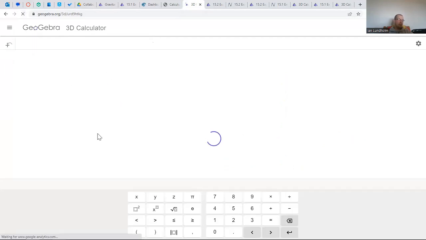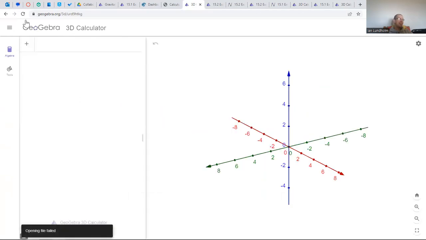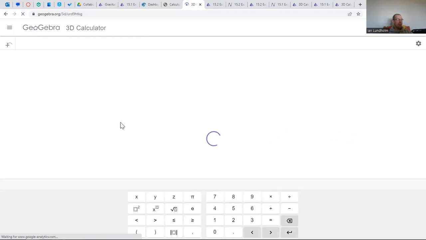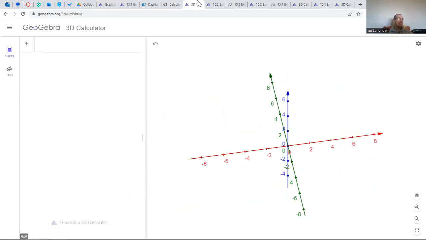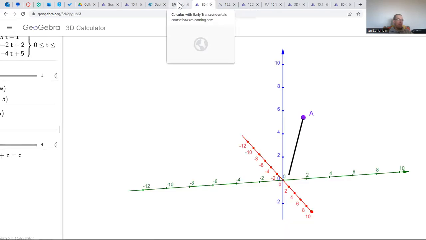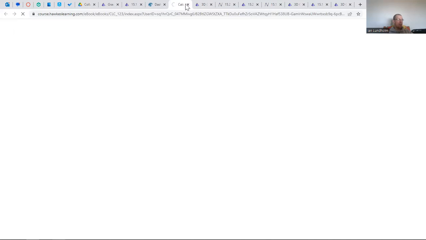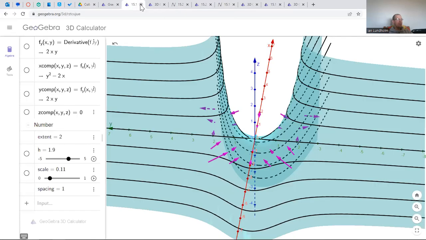You're killing me, GeoGebra. I swear these work. If these things aren't generating, I'm just going to close them. It looks like that one loaded. So great. Let's close these. We're going to close all my tabs. Feel free to fast forward. I'm going to get this thing working.